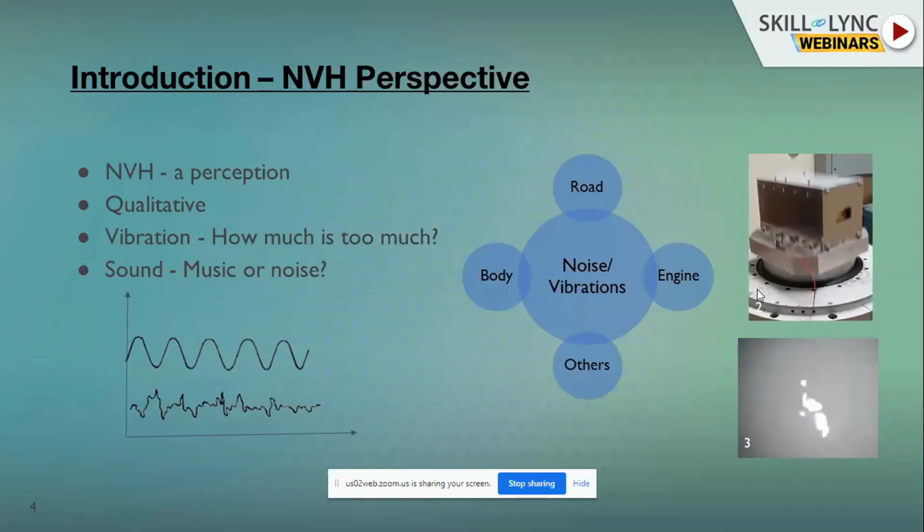There is a certain set of standards which the industry uses to identify what level is good and what level is bad, and also how much sound or noise is required inside an automotive cabin, or what is the desired level for a human being. So if you can see the images here, the one on the right side is the image of a shaker, which is having a forced induced vibration.